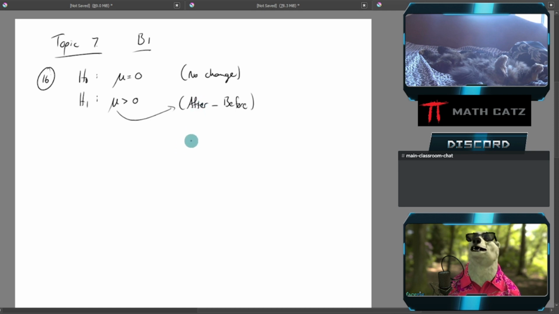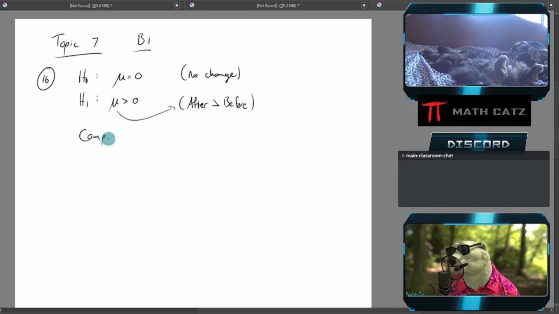But if there is a change, and in this case I'm looking for a positive change, that after there has been an improvement, higher scores, then the mean of the differences will be positive, meaning after minus before is positive, after greater than before on average. So this one's always going to be tested against 0.